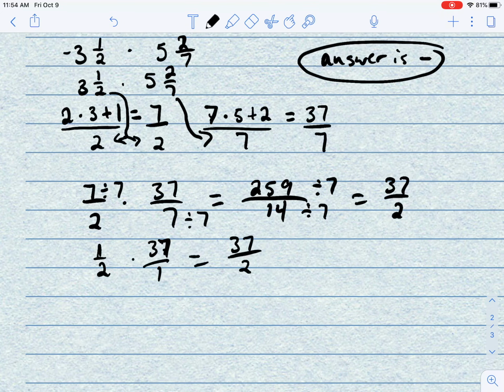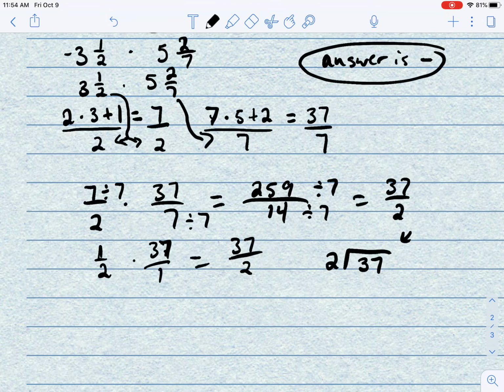Okay, so now that we have our improper fraction, we're just going to simplify or convert it to a mixed number. So the top number goes under the bracket, denominator goes out in front. Now we're just doing division. Our top number here, once again, is going to be our whole number.